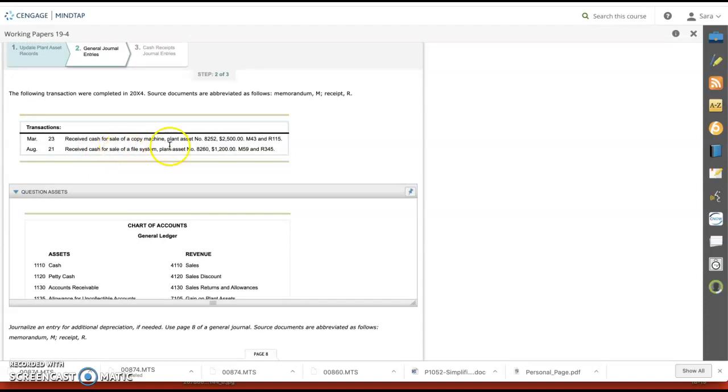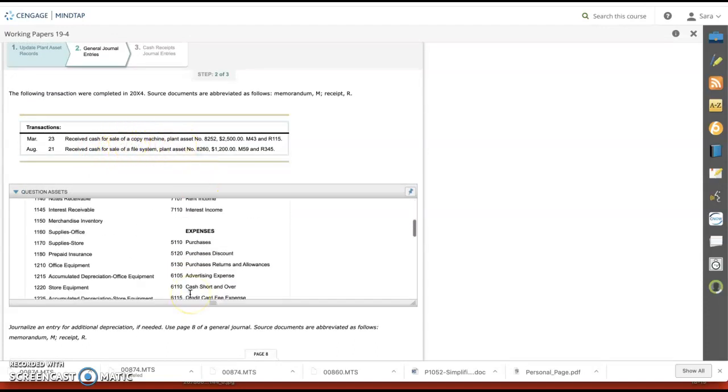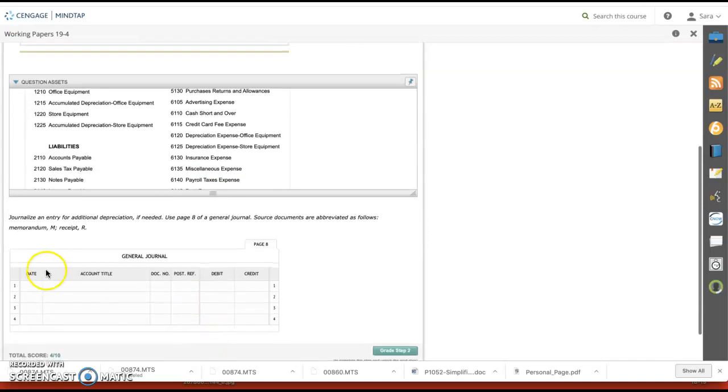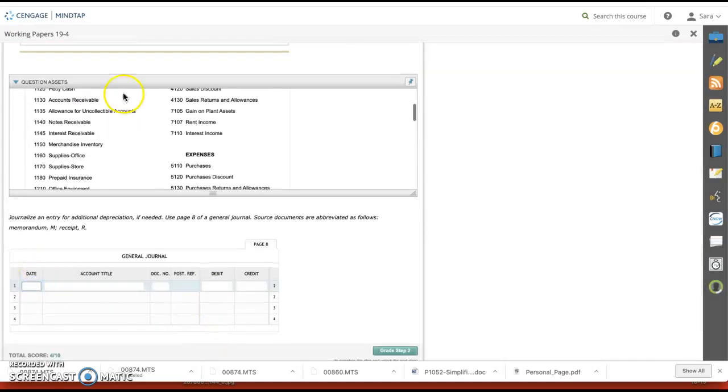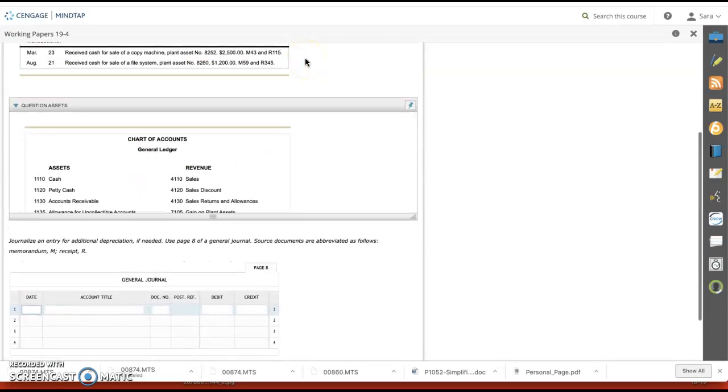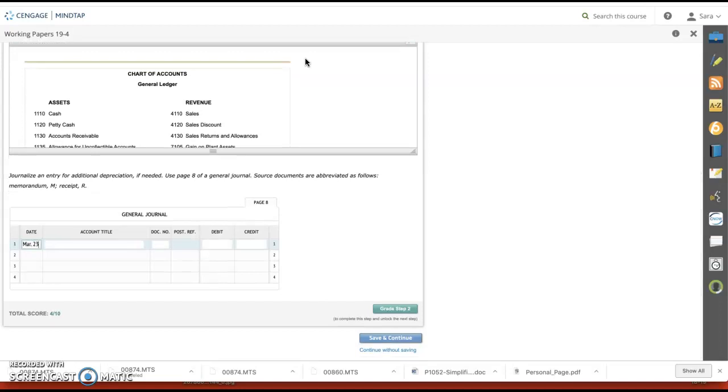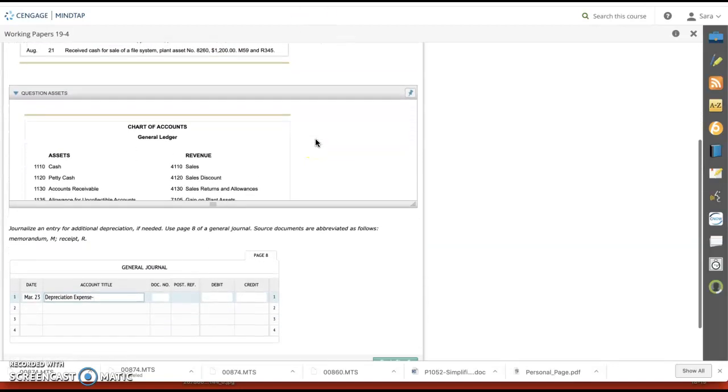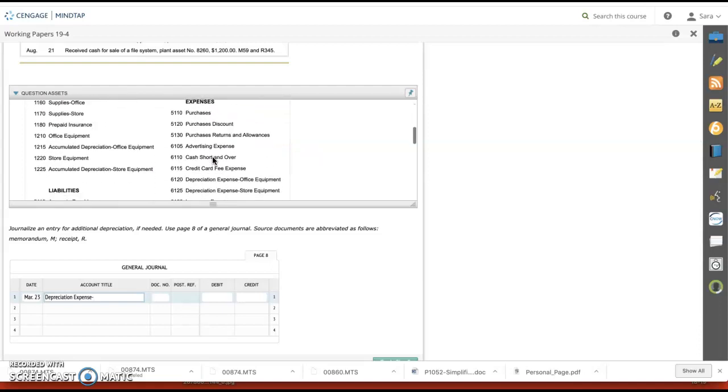So when we received cash for sale of our copy machine, that date is March 23rd. And then we're going to have depreciation expense dash, let's see, that was our copy machine.